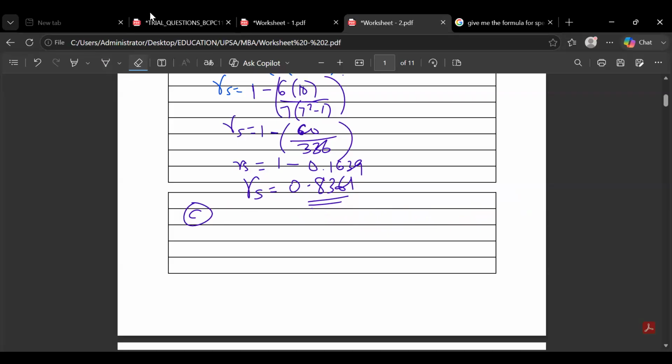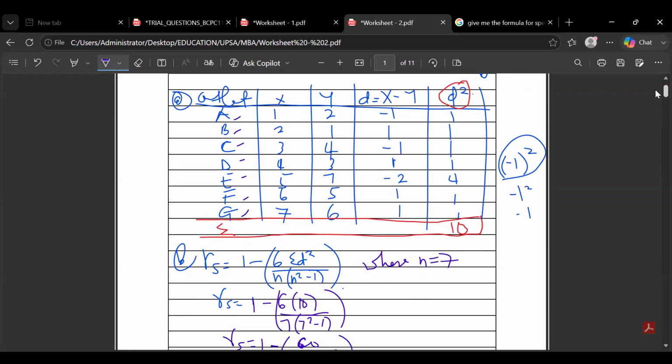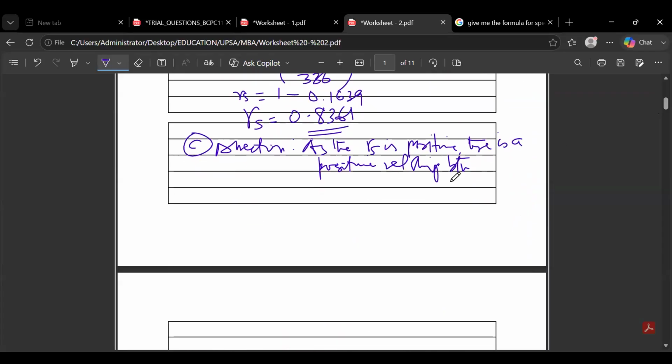So we can write it this way. The direction: as the RS is positive, there is a positive relationship between the X and Y.